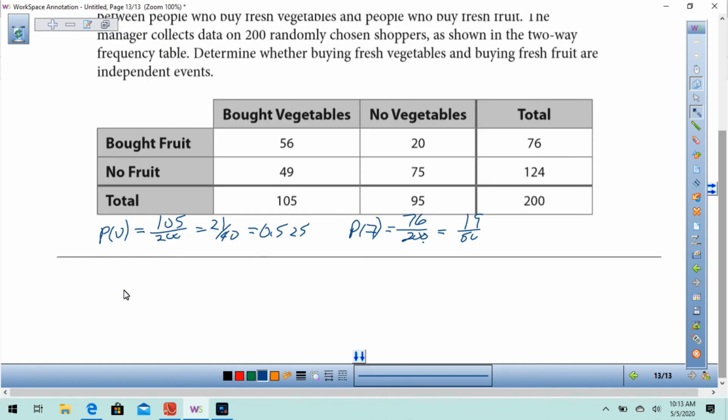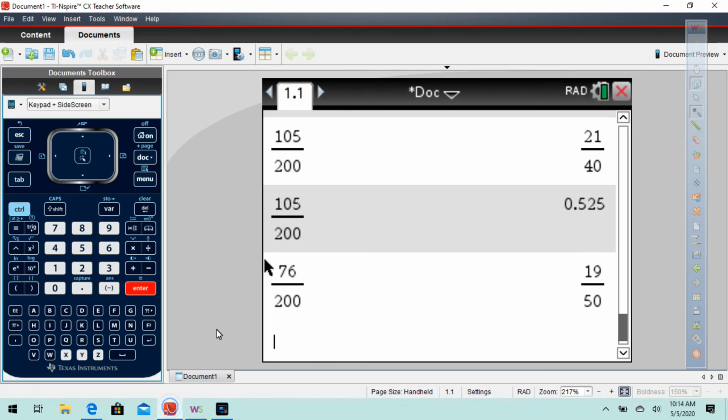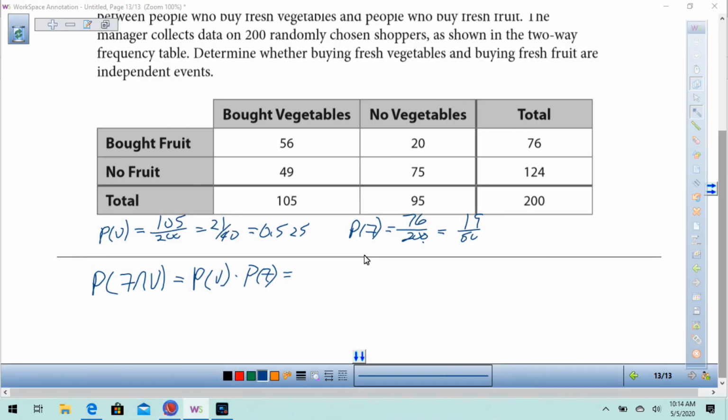Well, what else do we got here? So we got the probability of fruit intersection vegetables. That's going to be the probability of vegetables times the probability of fruit. May have mixed those, but either way, we're going to have 19 over 50, control, divide, that's 0.38.